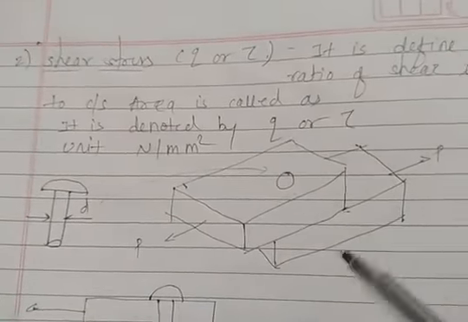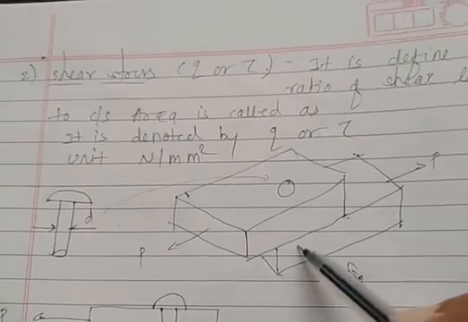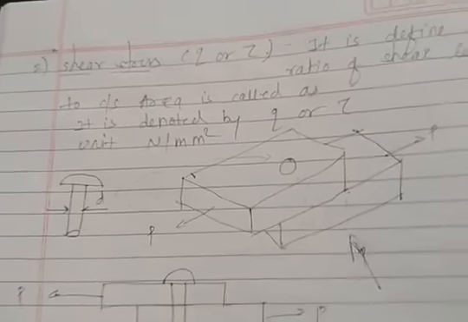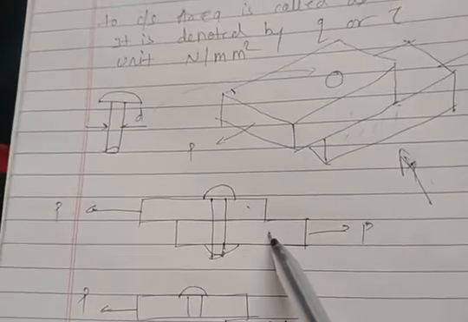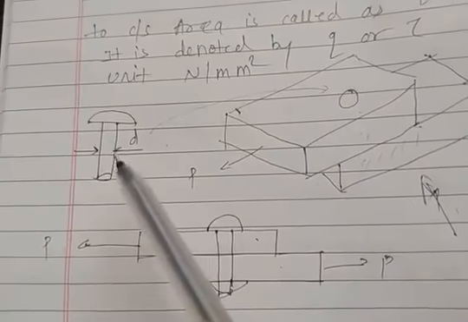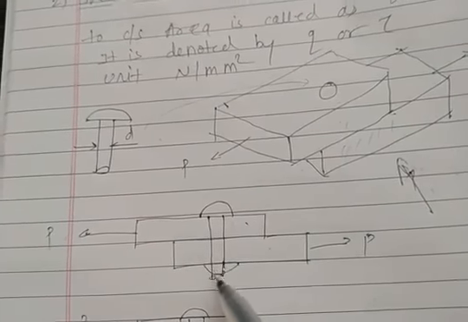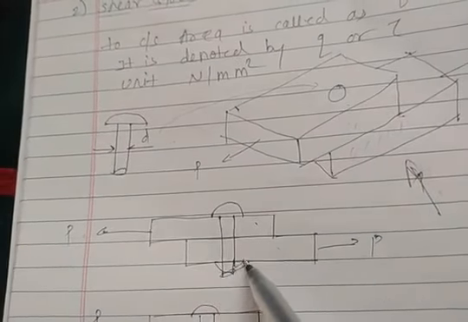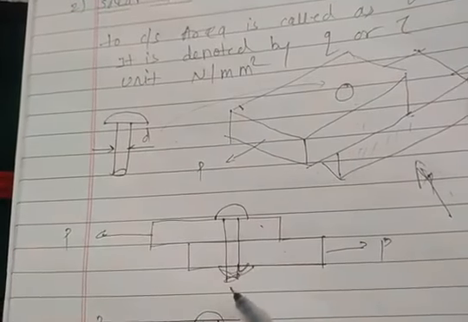If I look in this direction, I will just see these thicknesses over here, so I draw these two. This is plate number 1, plate number 2. When I insert this rivet in these two plates and hammer over here, these two plates get riveted, connected by this rivet.